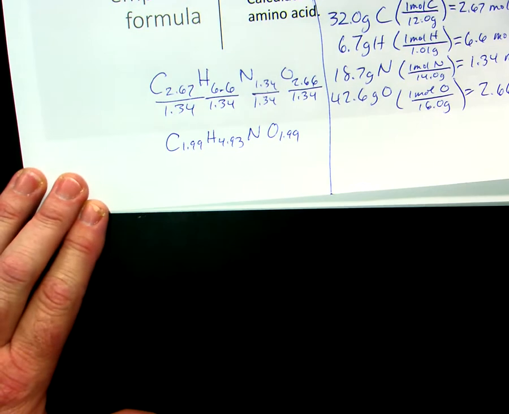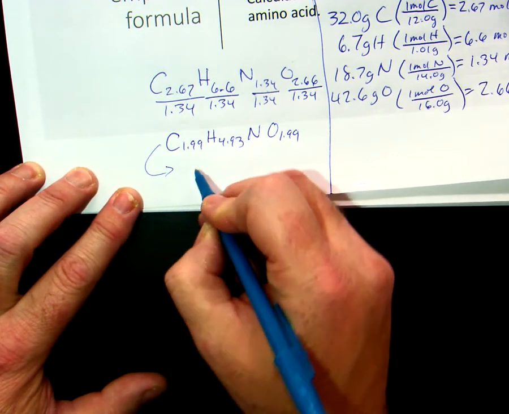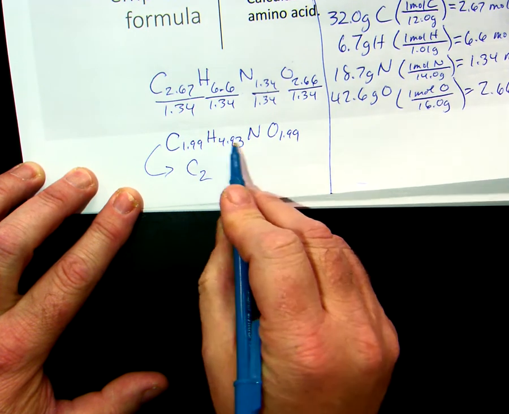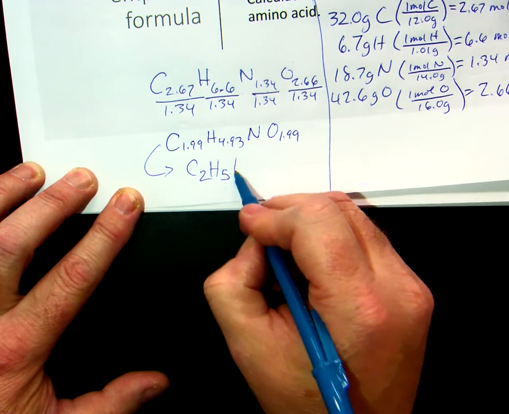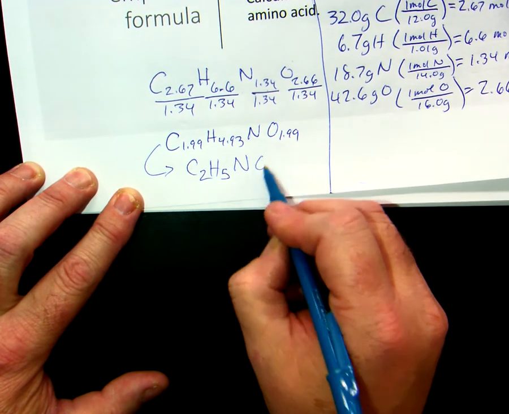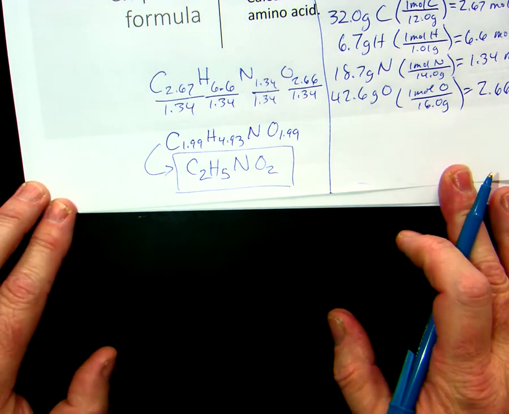I would imagine most, if not all of you, are comfortable with me rounding carbon up to 2, hydrogen up to 5, nitrogen is already 1, and oxygen would easily round up to 2. And that would be our empirical formula for glycine.